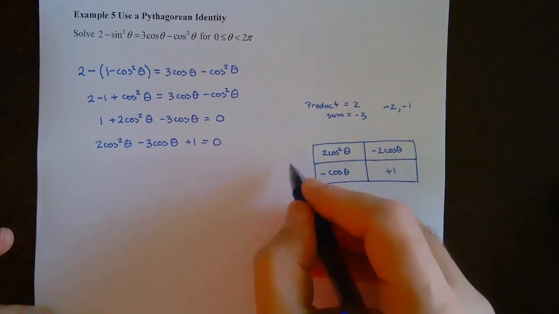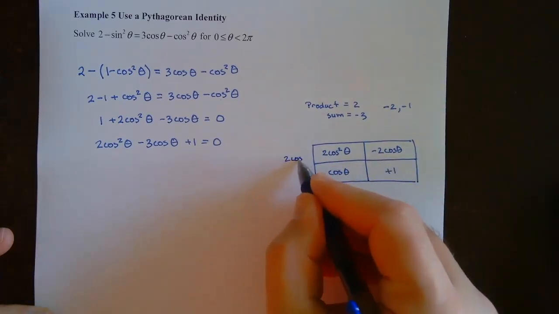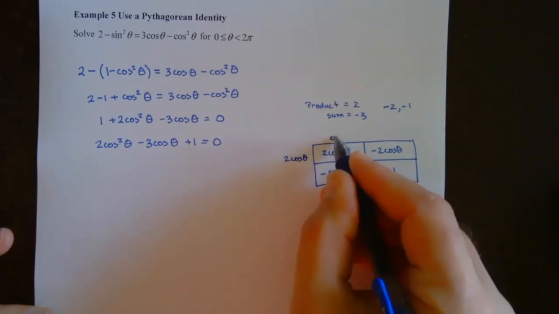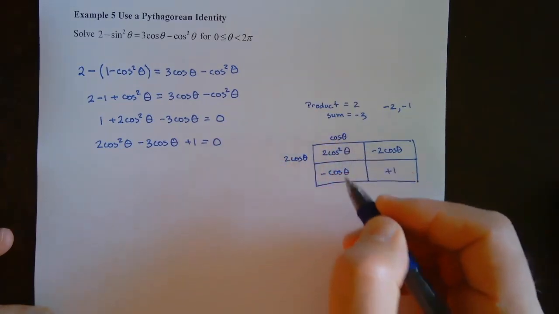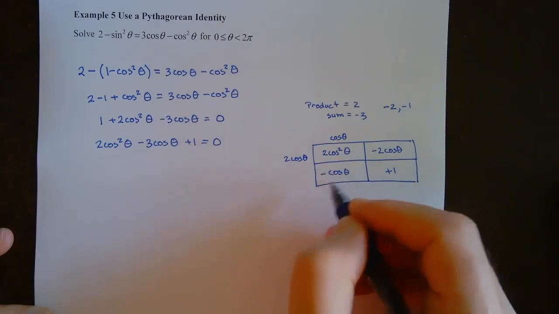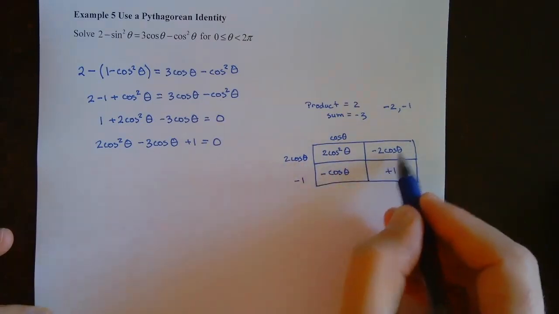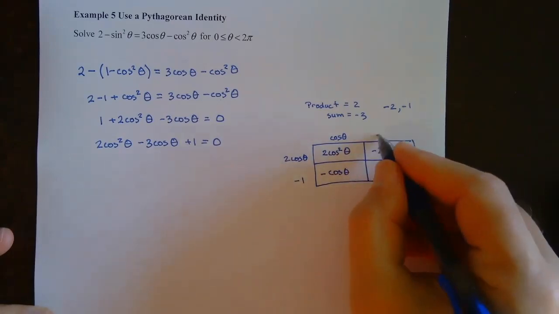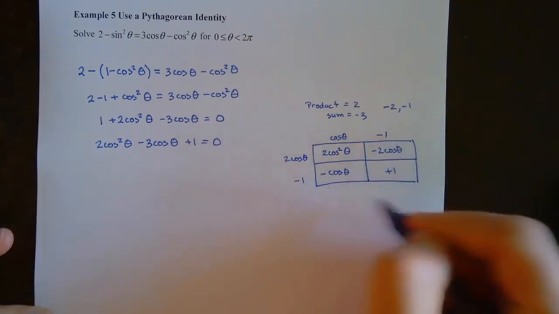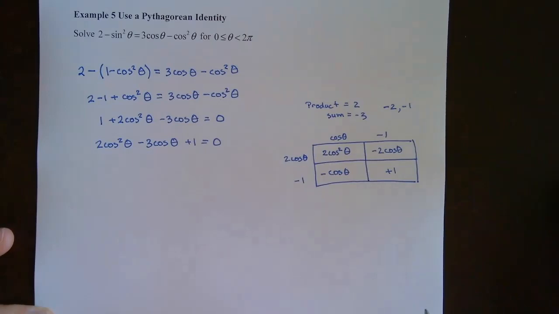GCF across the top would be 2 cosine theta. Then this would have to be cosine theta. And then cosine theta times what would give you negative cosine theta would be -1. And then 2 cosine theta times what would give you -2 cosine theta, it'd be -1. And -1 times -1 is +1, so it checks out, right?